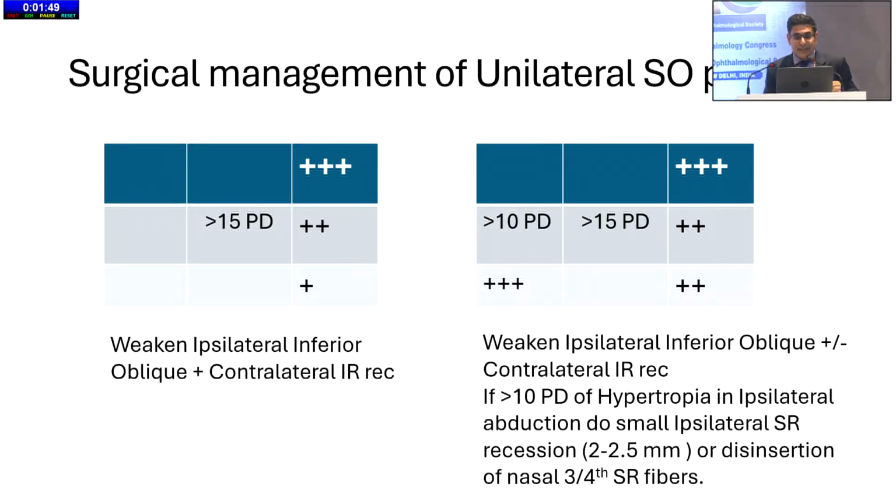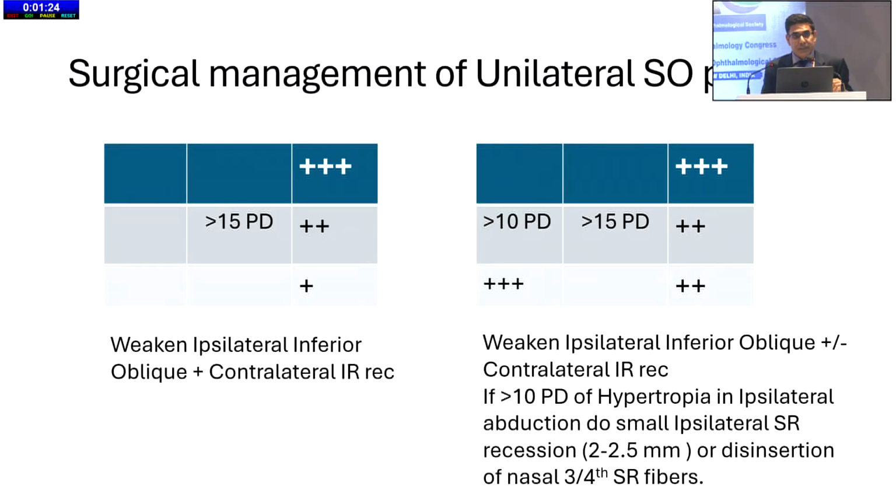If it's greater than 10 prism diopters, always consider superior rectus contracture, and we have an example we'll share. But make sure that if you're weakening both the elevators, in this case the inferior oblique and superior rectus, you are very careful that you don't do more than 2 to 2.5 millimeters of superior rectus recession. Otherwise, you'll end up getting an elevation deficit.